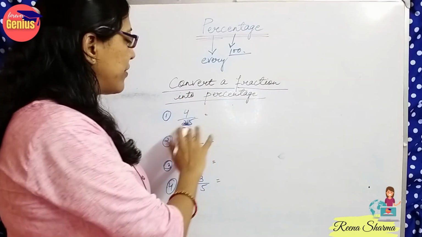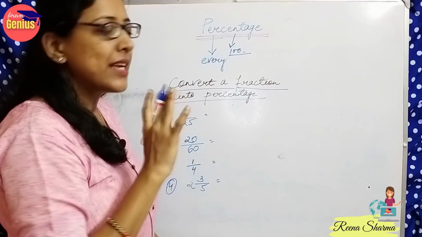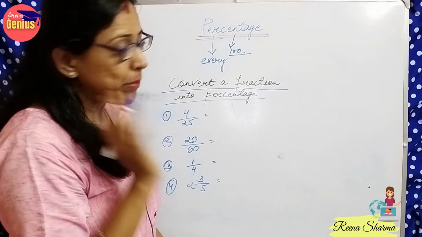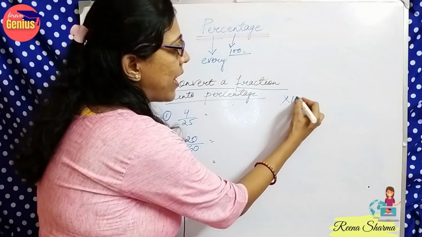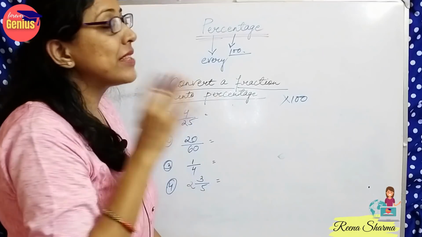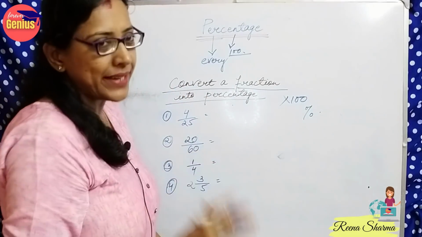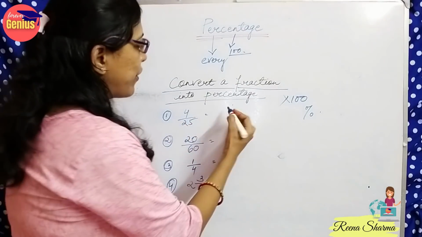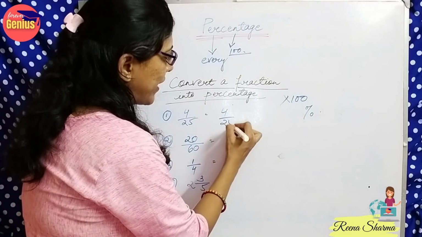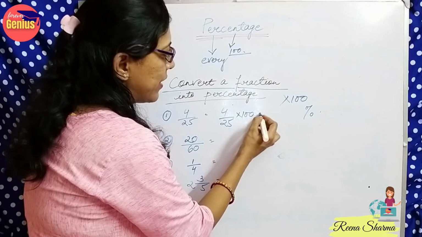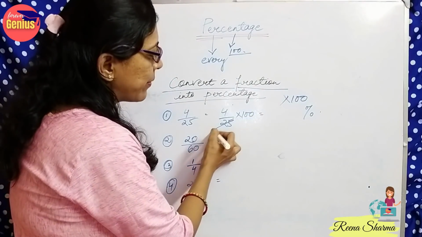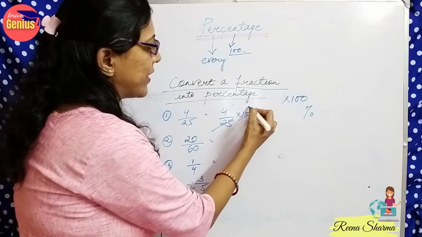But when we are converting a fraction into percentage, the case will be reversed. We will multiply by 100, and when the final answer comes, we will give the sign of percentage. So 4 by 25. So 4 by 25 into 100. This is equals to, if I am dividing it with 25, it comes to 4.